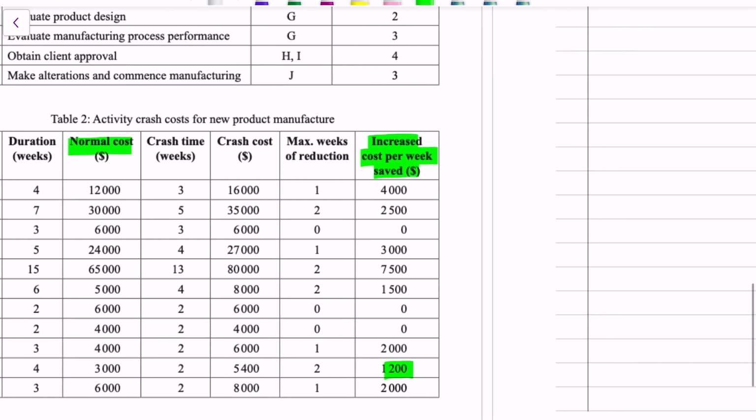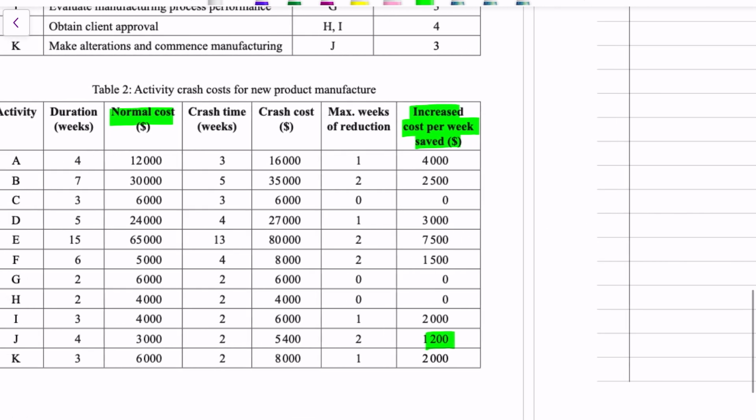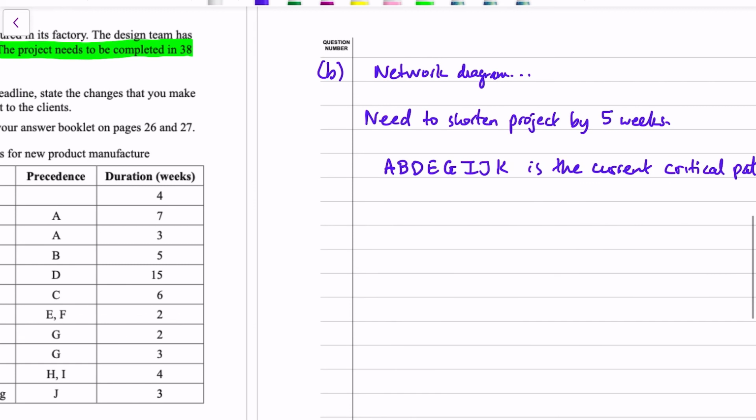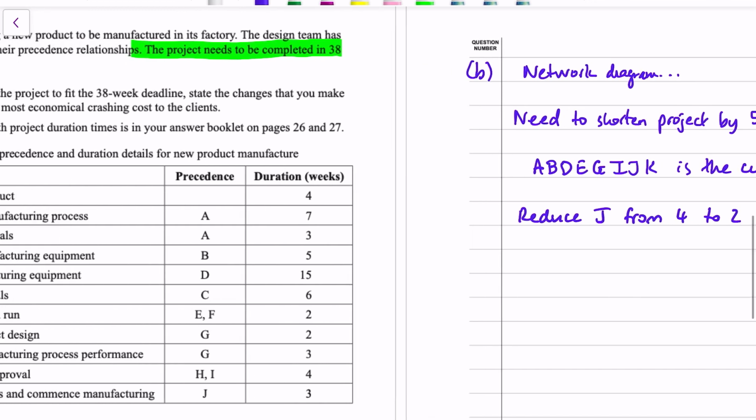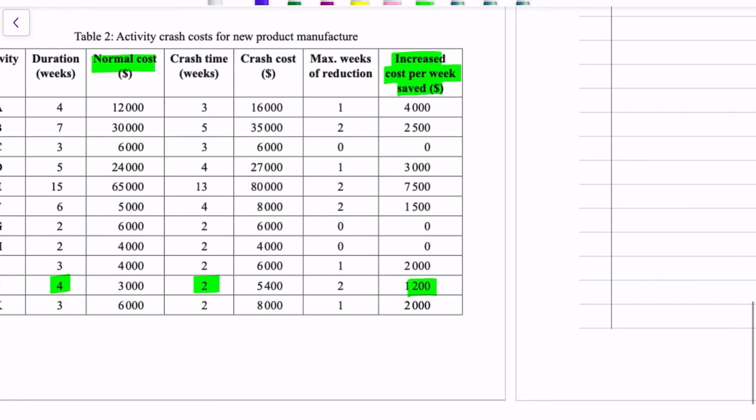But task J, is that in the critical path? Yep. Task J, we can crash it by 2 weeks. We can reduce it from 4 to 2. So that's good. Reduce J from 4 to 2. How much did that cost us? $2,400 extra.